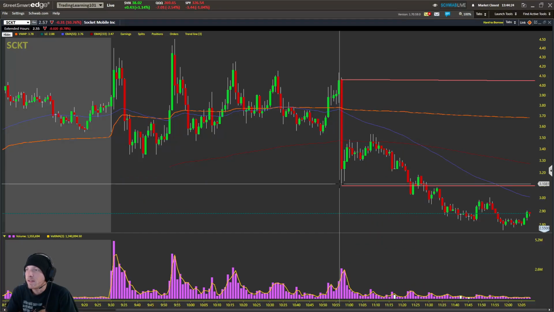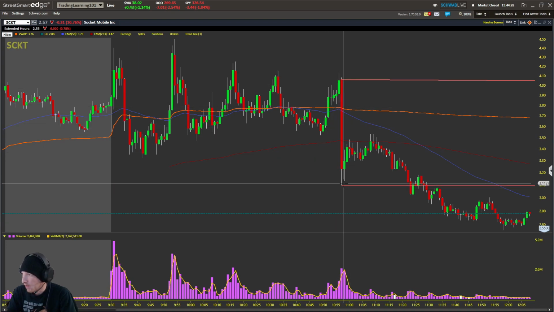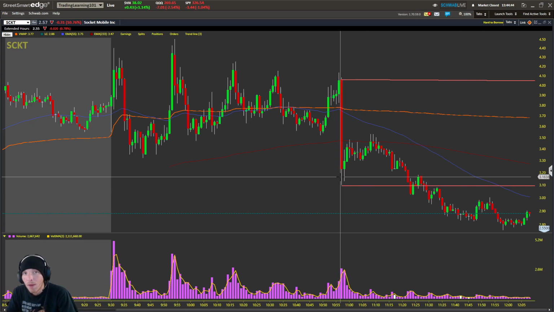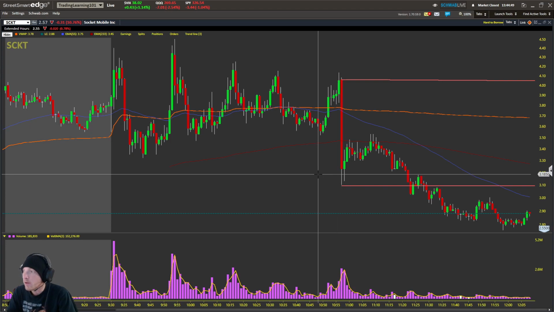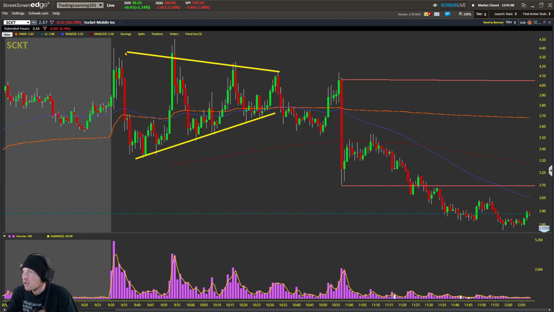As soon as I saw SCKT and this death candle right here, I knew immediately that I wanted to do a video on this chart and talk about it. It's all about paying attention to the details as a day trader. There are so many hints on this chart. You could say to yourself, yeah, this was setting up a wedge right here and it failed, came back and looked like it was going to go, but then it just slammed down right here.